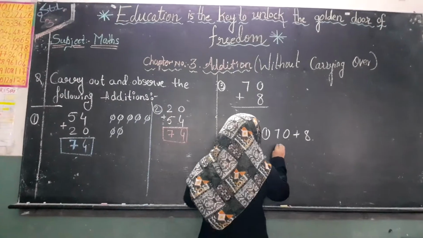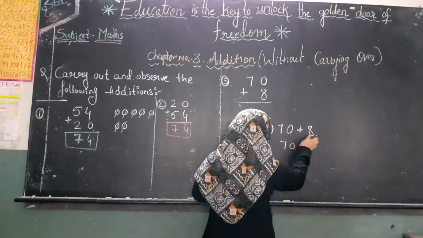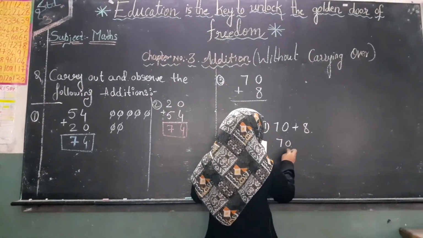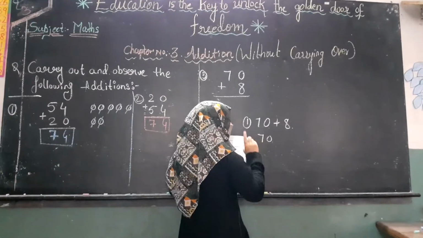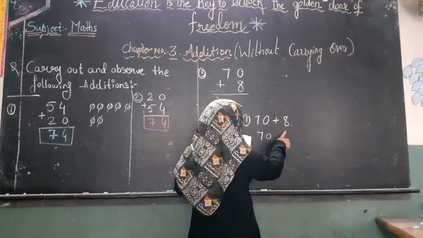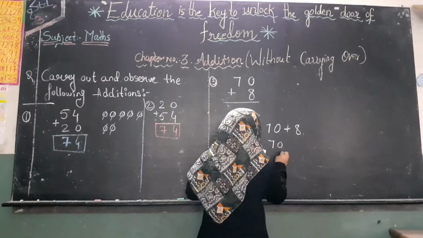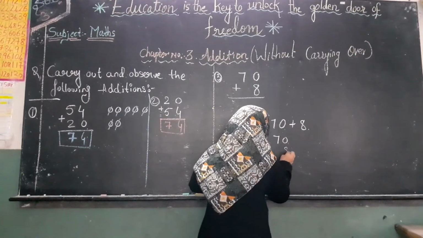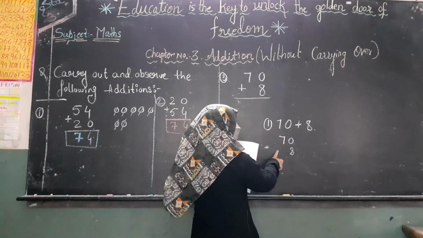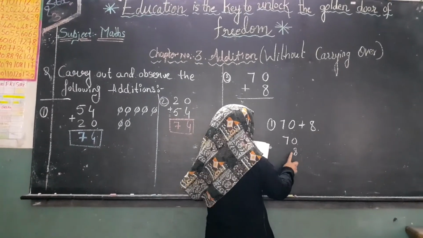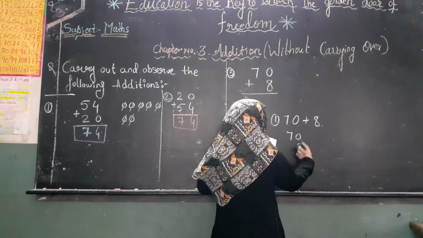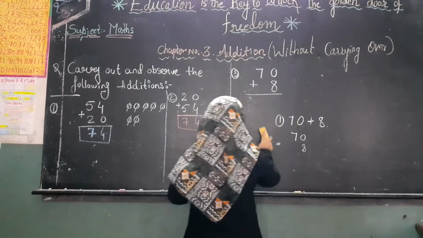See here, 70 first, then 8. Where will you write 8? If it is a one digit number, you have to start writing from the right side, not from the left side. Always start writing from the right side. Have you understood? Okay, very good.